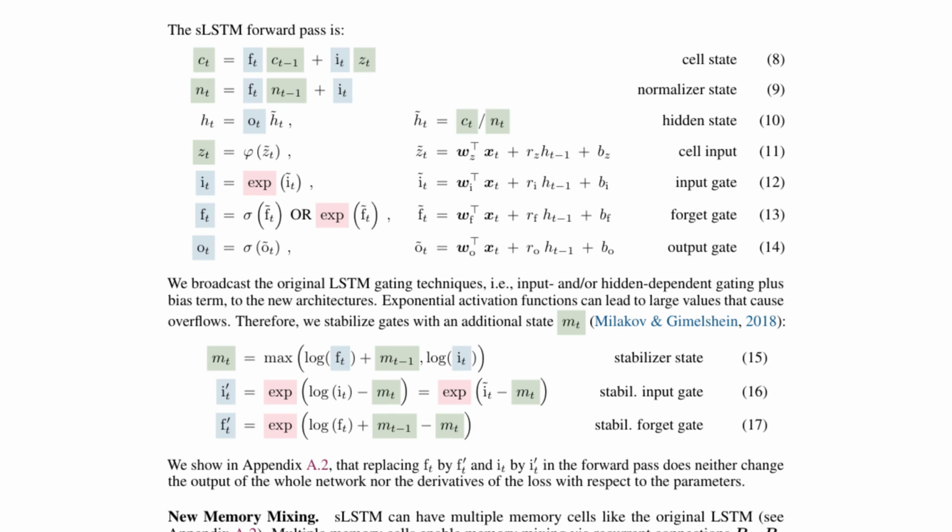We broadcast the original LSTM gating techniques, that is, input and/or hidden dependent gating plus bias term, to the new architectures. Exponential activation functions can lead to large values that cause overflows. Therefore, we stabilize gates with an additional state m sub t, see formulas 15 through 17. We show in Appendix A.2 that replacing the original gates by the stabilized gates in the forward pass does neither change the output of the whole network nor the derivatives of the loss with respect to the parameters.